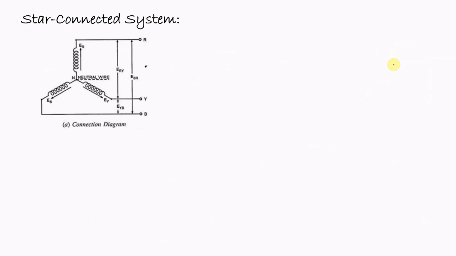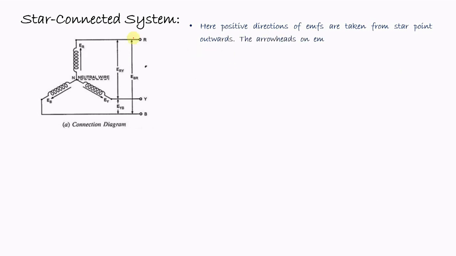So let's see the connection diagram of the star connection. That is, the three coils are connected in such a way that here we have used the terminologies R, Y and B. Remember one thing, the three terminals can be represented as A, B, C, or as R, Y, B. In general, R, Y, B is used, representing the three fundamental colors, that is red, yellow and blue.